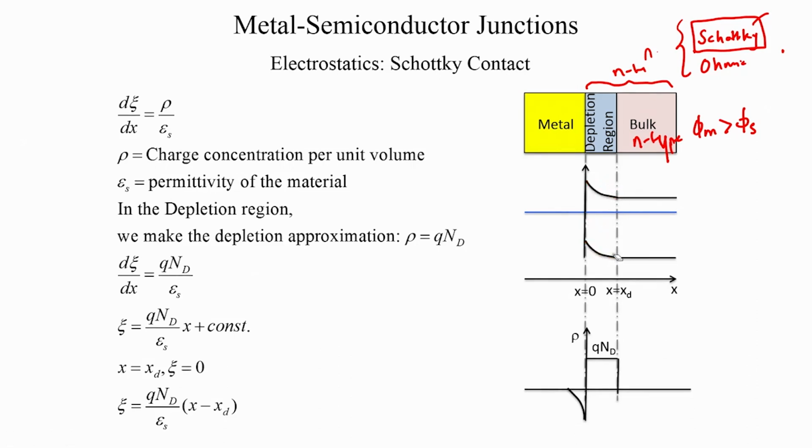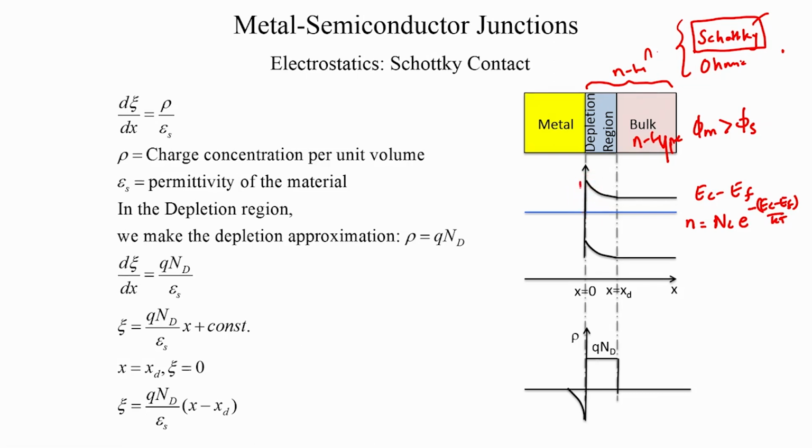If you want to think about it in terms of looking at EC minus EF, which is basically that difference, then EC minus EF here is very large, and therefore, the electron count, n is equal to NC e to the power minus (EC minus EF) by kT, is very small, and therefore, the electron population in this region very close to the junction is quite small, okay.